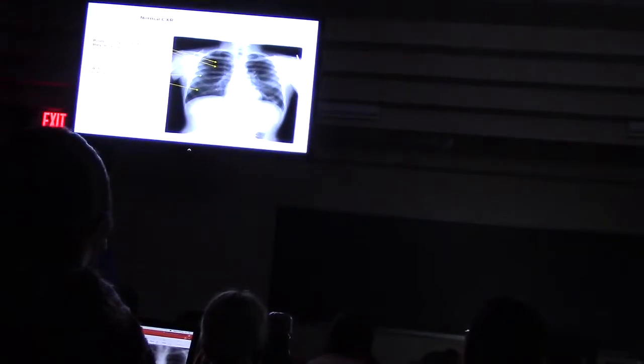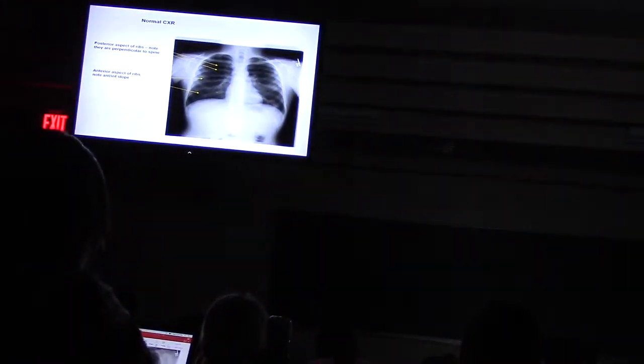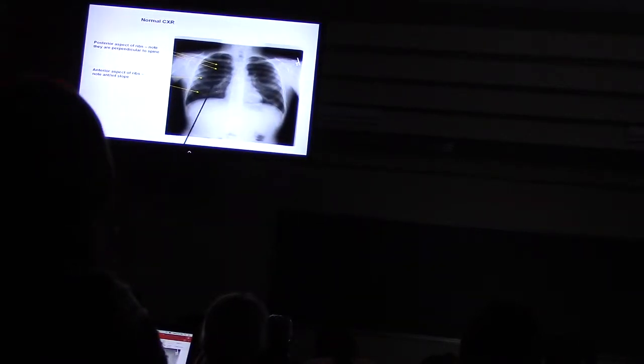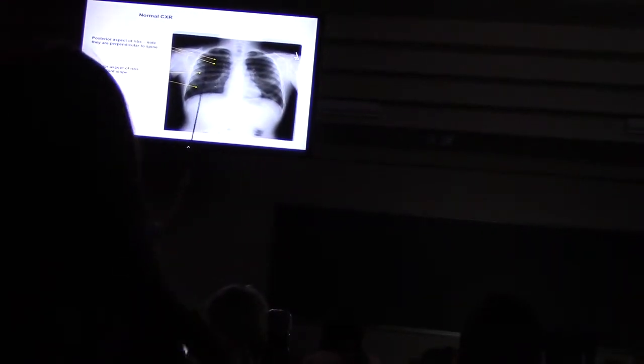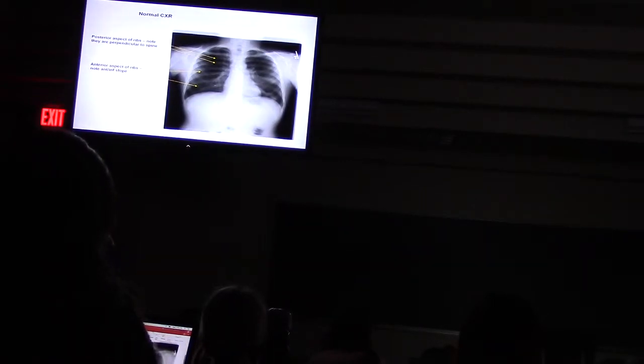Here, the posterior aspects of the rib, as I said, come out perpendicular to the axis of the vertebral column. So what you see here are the posterior aspects of the rib. There's the clavicle, by the way. And then you've got the angle, and then the rib starts going anterior, inferior. Remember, this is an X-ray. It squishes 3 dimensions into 2.